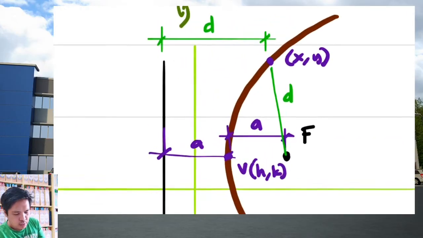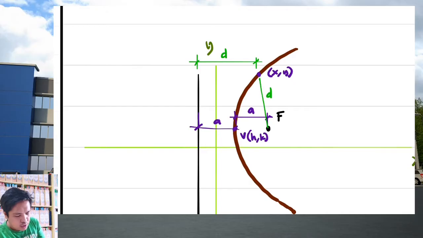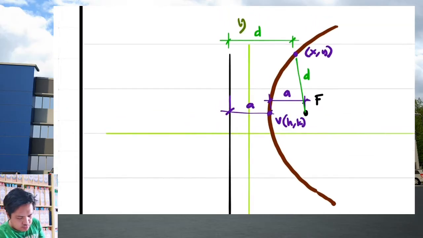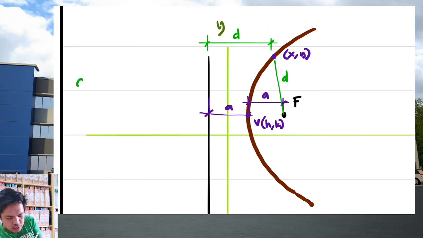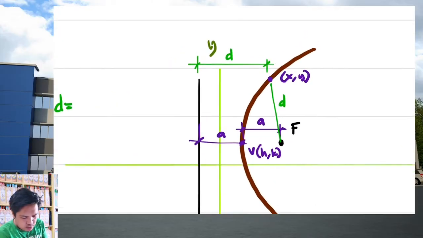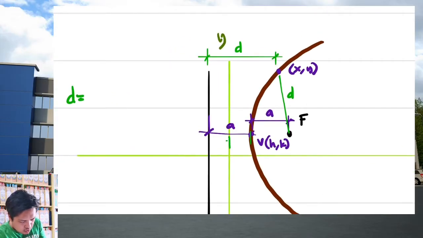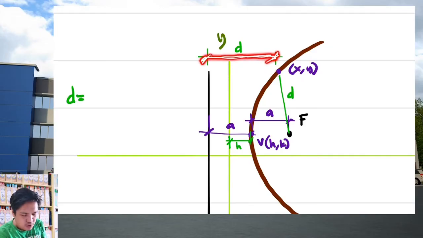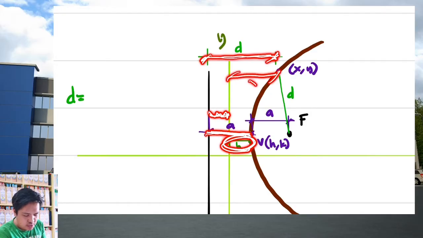Now, what would be the value of d? Remember that this distance is h, and this distance is x. What is the value of distance d?